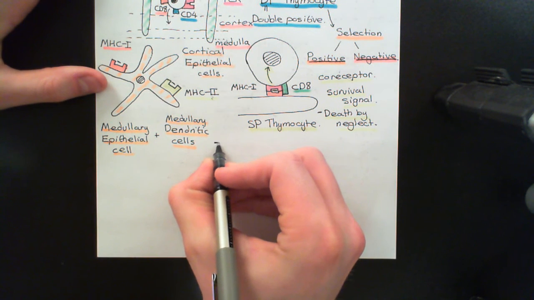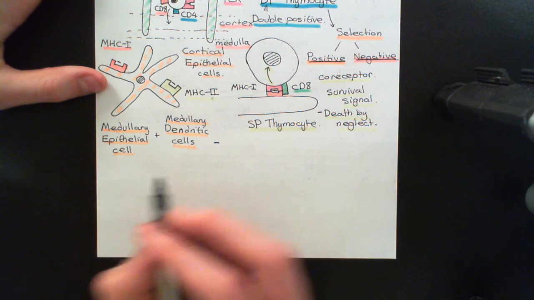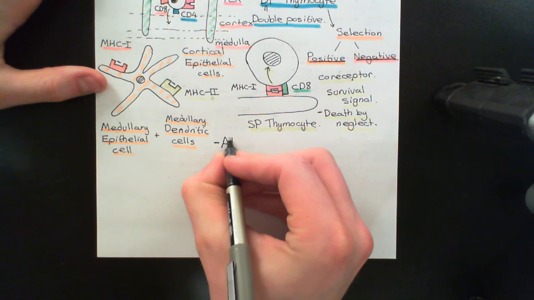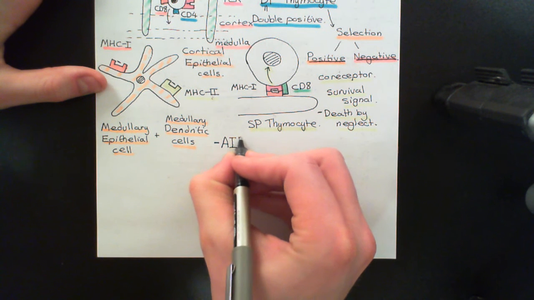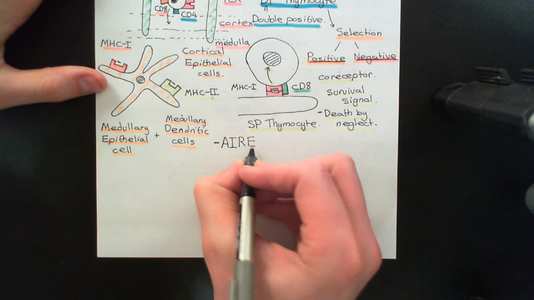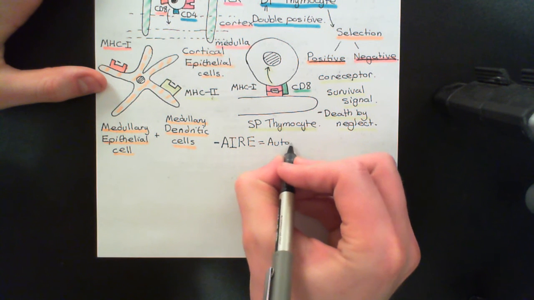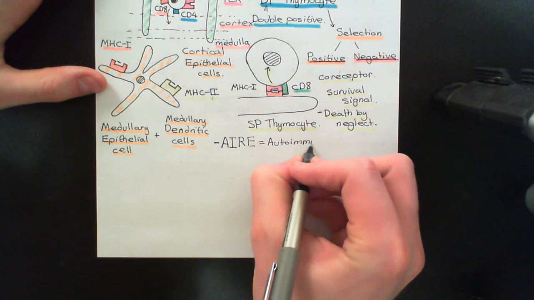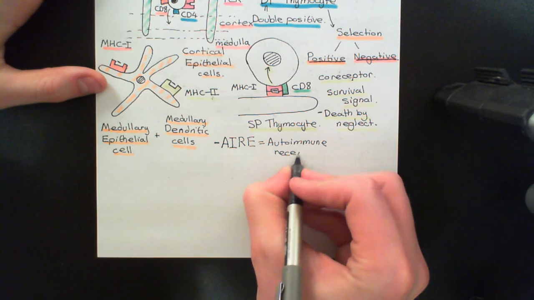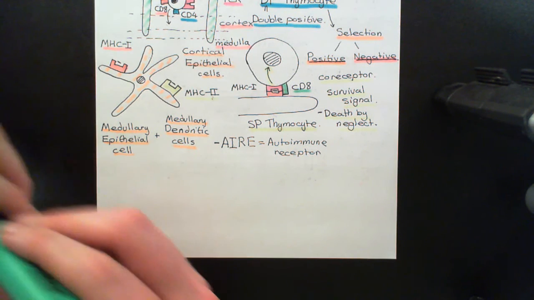These medullary epithelial cells and medullary dendritic cells have expressed in them a very special protein known as the AIRE protein, the autoimmune regulator protein. So the AI is for autoimmune, and the RE is then for regulator, and it's usually just abbreviated to AIRE.